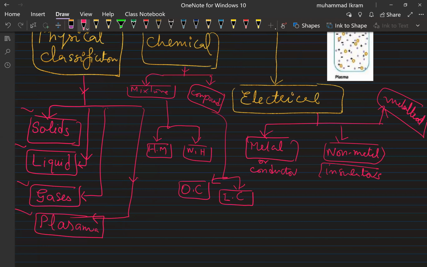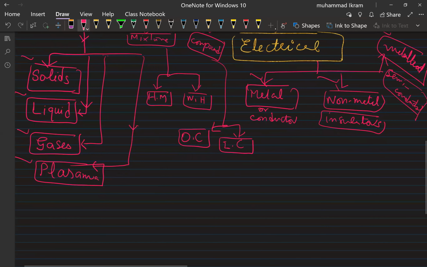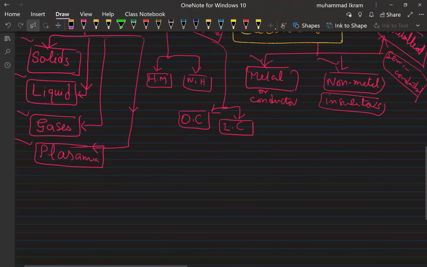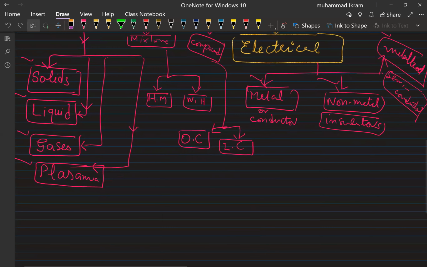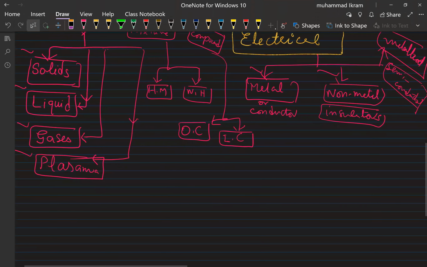There are exceptions also. For example, graphite is the only non-metal which behaves like a metal. So exceptions are always there. And inshallah, we will discuss these at their appropriate places, right? So these are all the broad classifications of the matter.